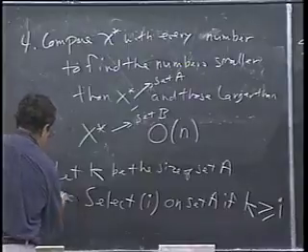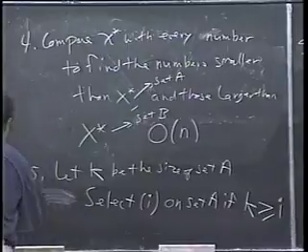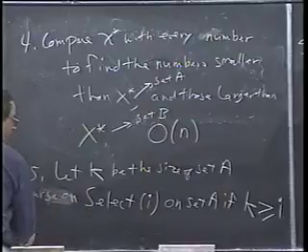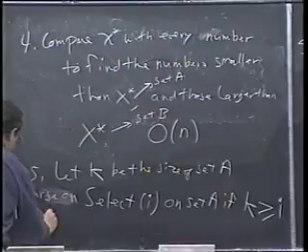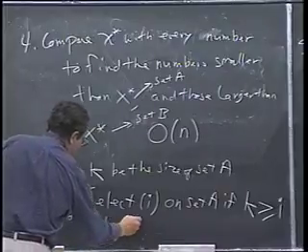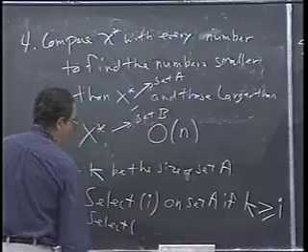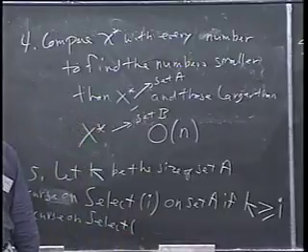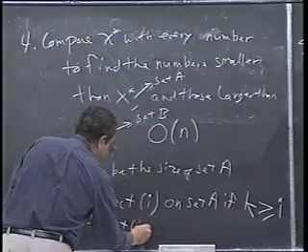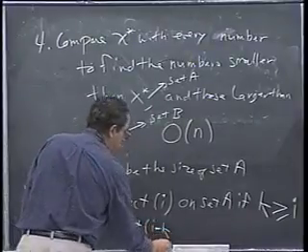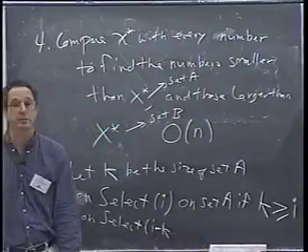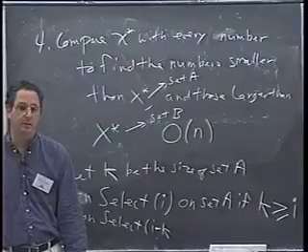Otherwise, instead of saying use, I'll just say recurse. Otherwise, you recurse on select of what? Yeah, you've got k of them, i minus k. So what do we want to do with x star?